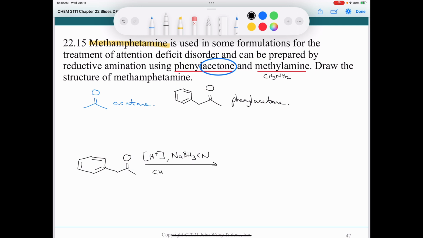So I'll just use the condensed structure there. And so the structure of methamphetamine is going to look like this. And so there you go. So this would be methamphetamine. All right. So now you know methamphetamine synthesis.